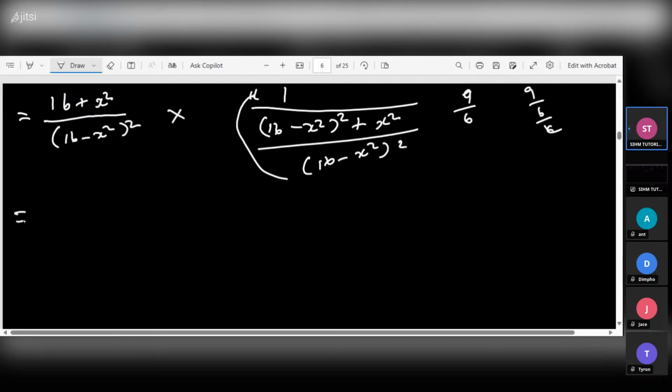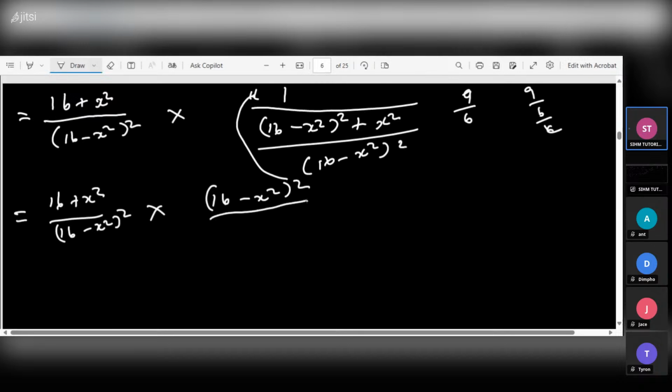Which is going to be (16 plus x squared) divided by (16, sorry, supposed to be minus there, minus x squared) all squared, and then times the (16 minus x squared), and then all squared. Right, we take this one up there, and then this one will remain on the denominator, and this is going to be into (16 minus x squared), and then all squared plus x squared.